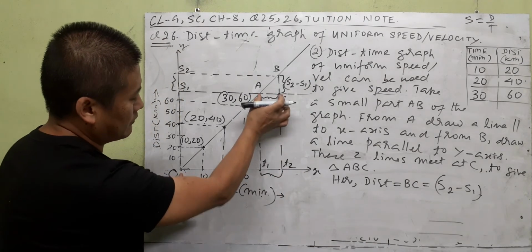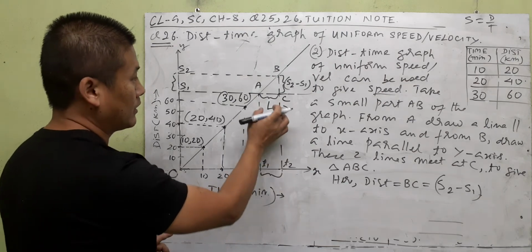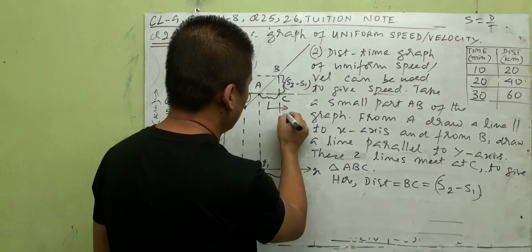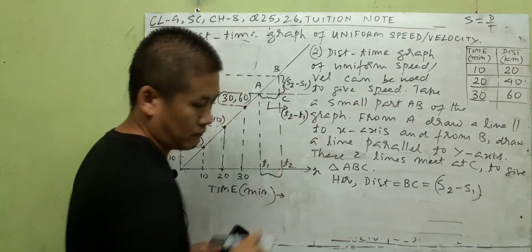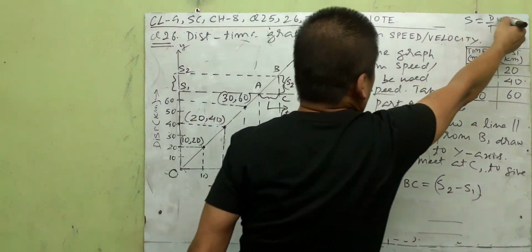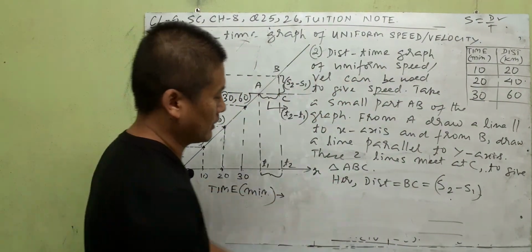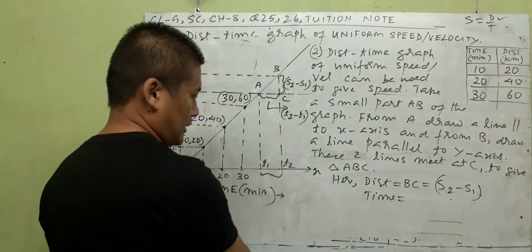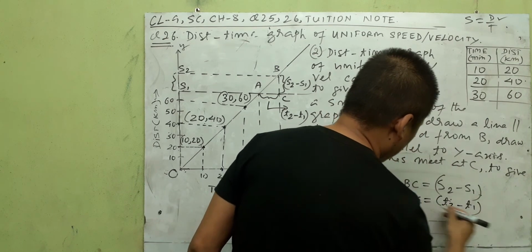So this time AC will be 50 minus 40, which is nothing but T2 minus T1, right? The time taken as we move from A to B is given by AC, because this is the time axis. So time is AC, which is T2 minus T1.